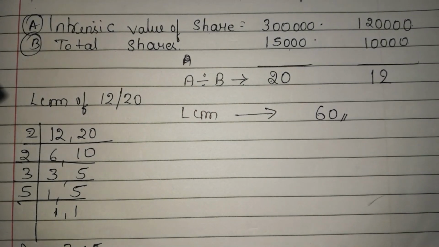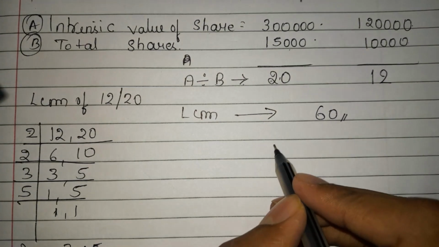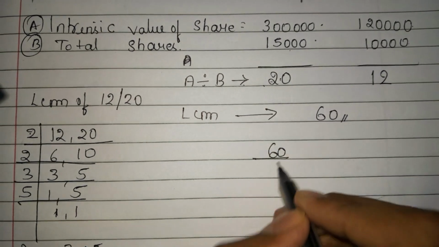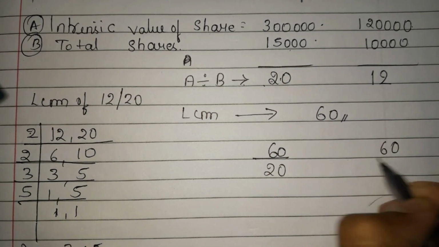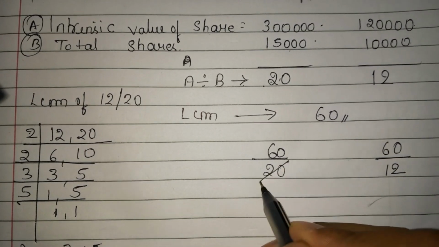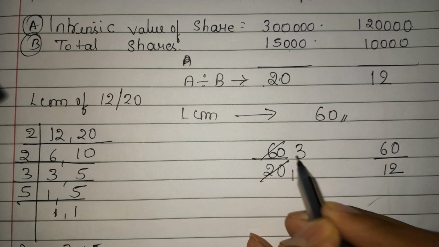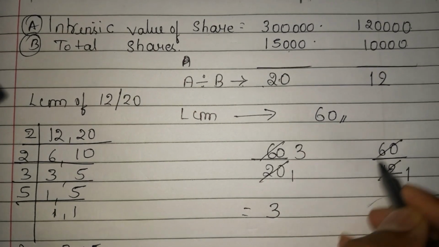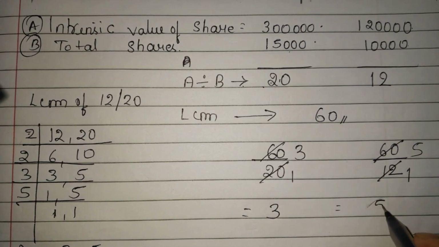Now what you do is divide 60 by 20 and here divide 60 by 12. Now what happens? 20 3s are 60. Then here 12 5s are 60. This is equals 5.